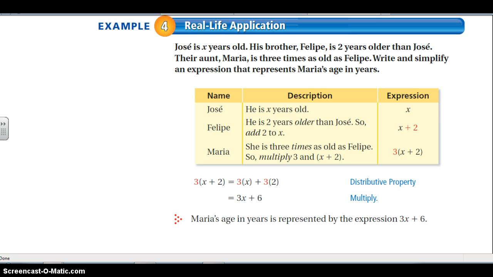The answer for number 10 is 5 times, in parentheses, x plus 7, which equals 5x plus 35. All right, one more.